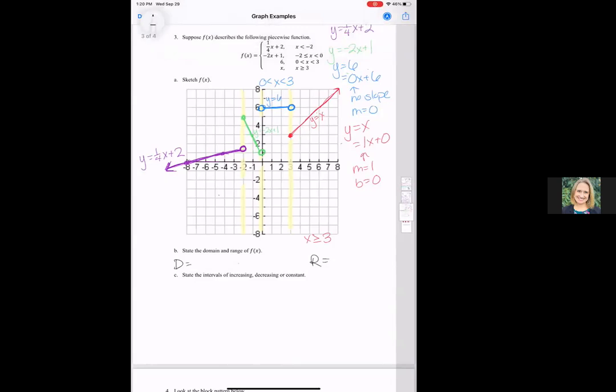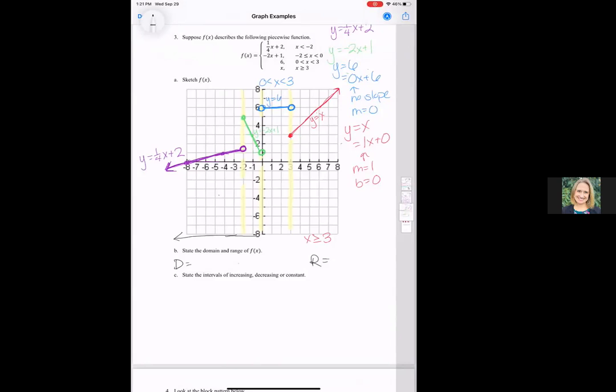And what I want you to see is as we go from -infinity over, all of these, we see this in the purple line. All of these x values have a y value. But then when we get to x equals -2, in the purple line, it's not filled in, but look, in the green line, it is filled in. So that means those x values are still included, even though it's a different y value.